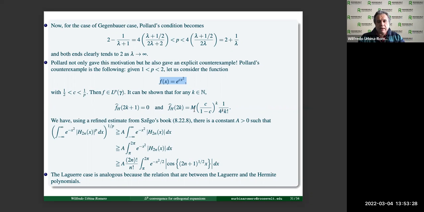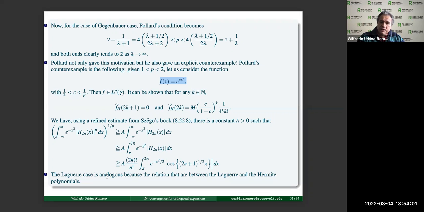And from there you can prove that this tends to infinity. This blows up. So then there is no hope for any P different from P equal to 2, that we already knew. I mentioned that from the fact that the moment problem is determined for the Hermite, you have L2 convergence, but there is nothing else but L2 convergence.